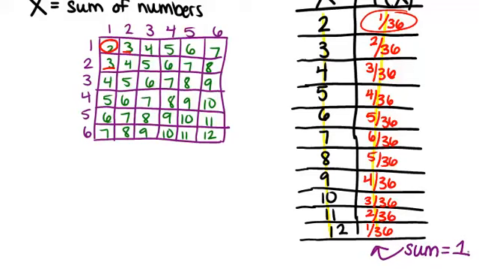And that's a good way to check if you're given a probability distribution, if it's for a discrete random variable or not. With discrete random variables, all the different values are mutually exclusive. So for example, we couldn't have had both a sum of 2 and 3 at the same time when we roll 2 dice. It's either one or the other. And that's why the sum will always have to be 1 if you've accounted for all the different possible values of the variable.